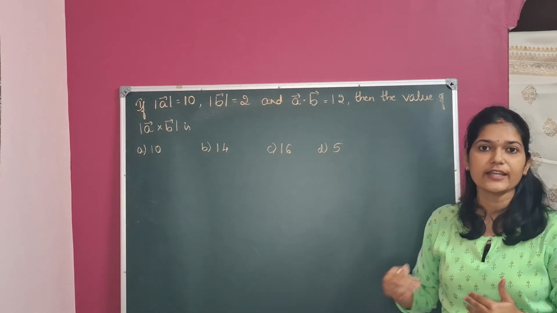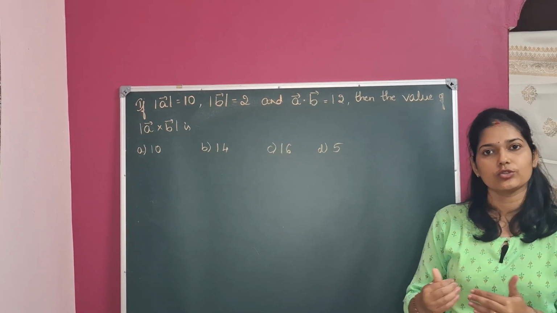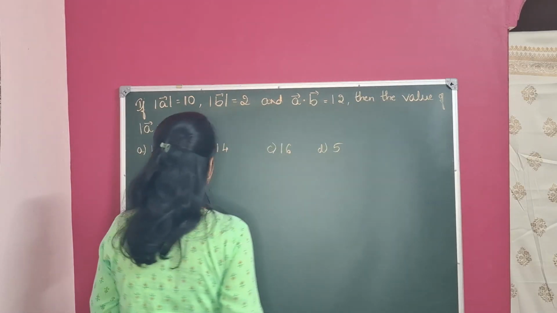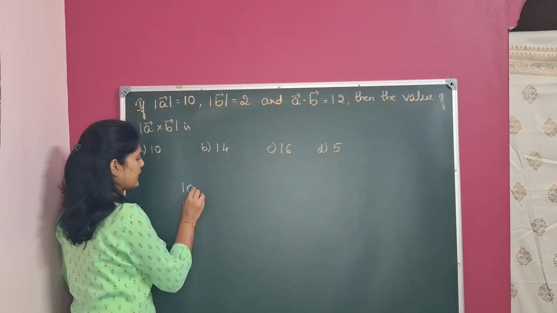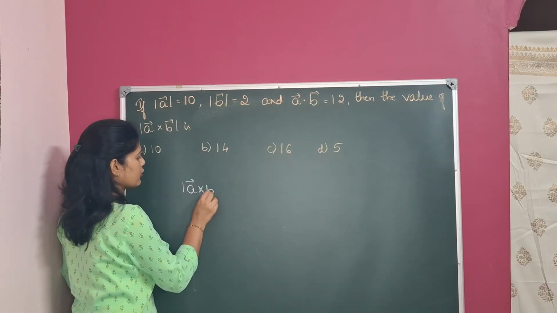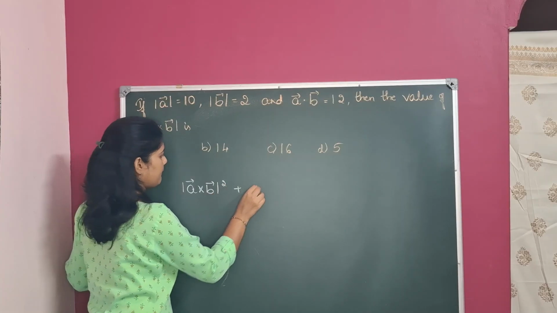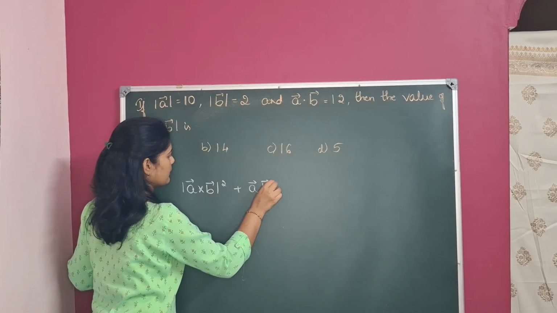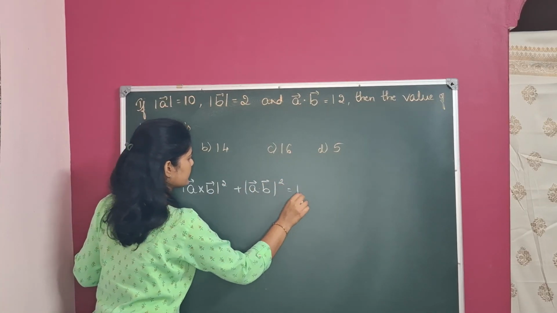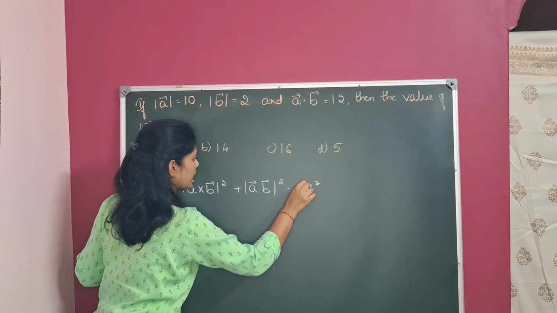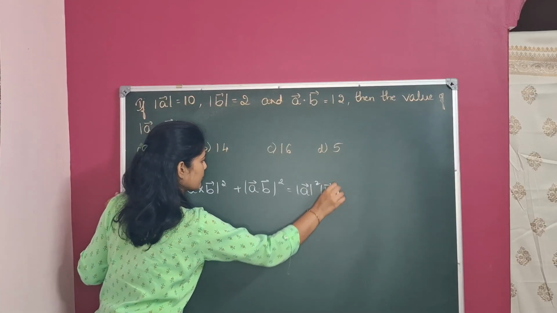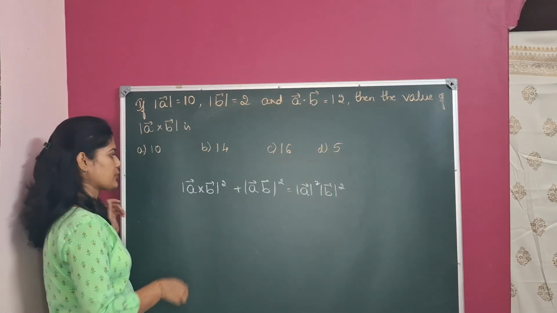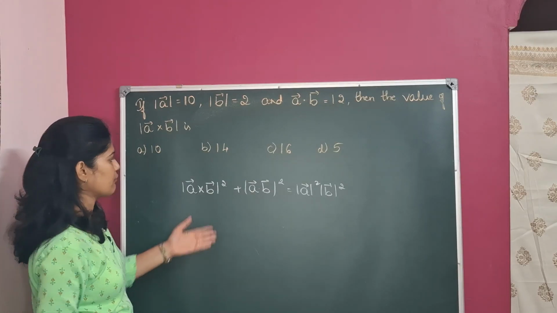Here they have given the value of magnitude of A, magnitude of B as well as A dot B. Then we have to find the value of magnitude of A cross B. We have a direct formula for this, that is magnitude of A cross B whole square plus A dot B whole square is equal to magnitude of A square into magnitude of B square. If we substitute the values, A cross B is to be found.